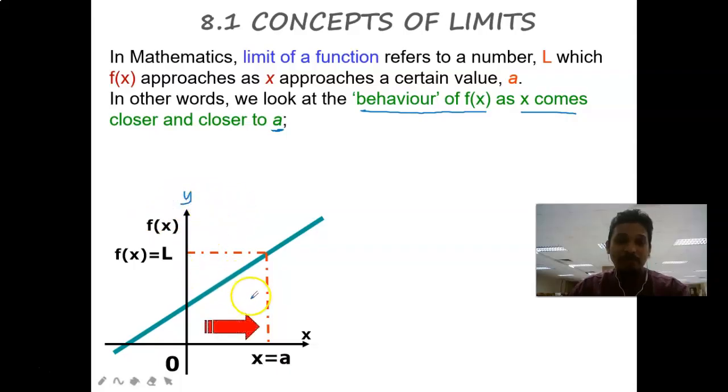So now x approaches a. Just imagine x equal to 2.